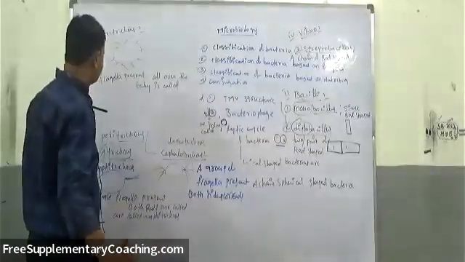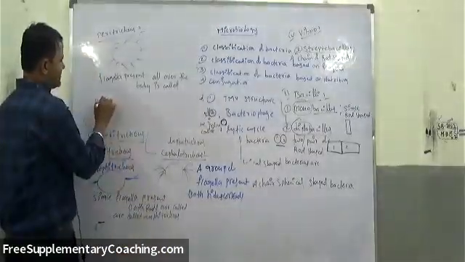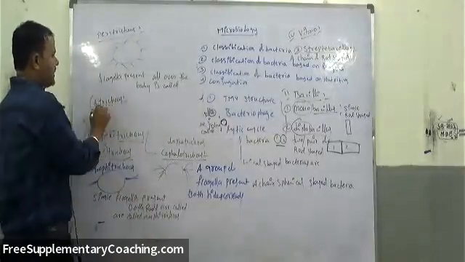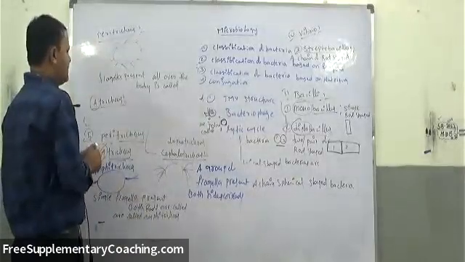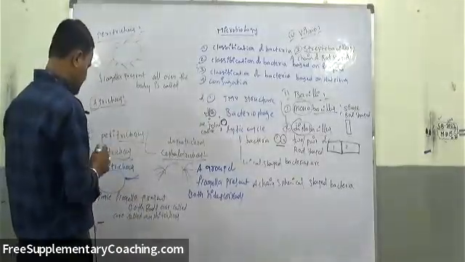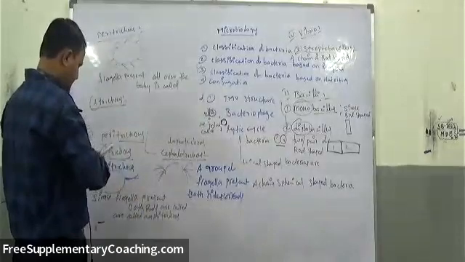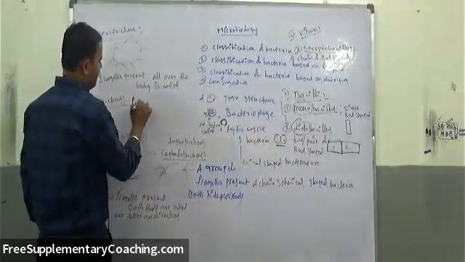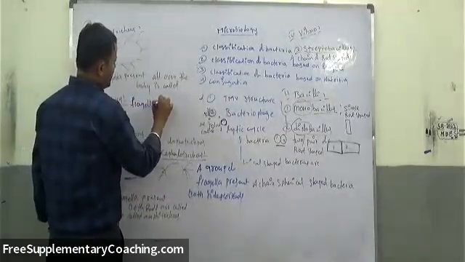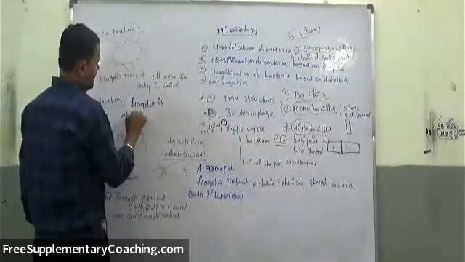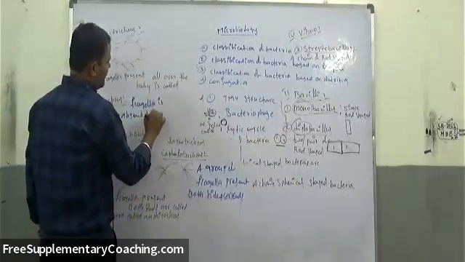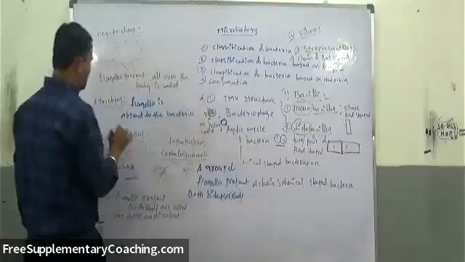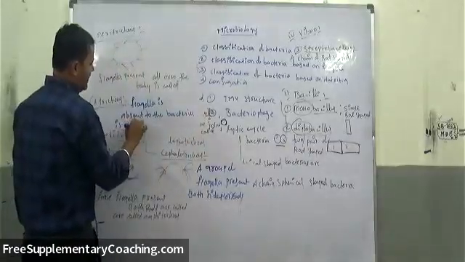Atrichous means A means absent. What is absent? Trichous. Trichous are nothing but flagella. So flagella are absent in the bacteria. Flagella absent in the bacteria is called what?